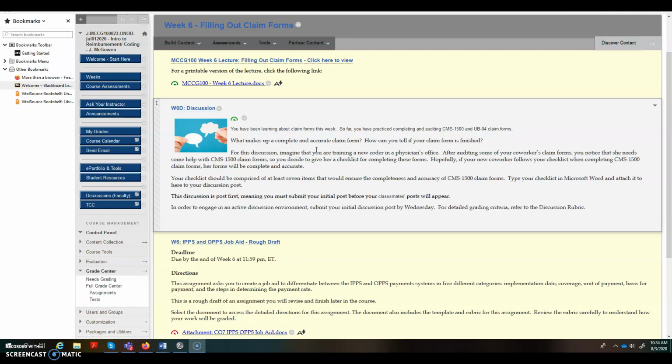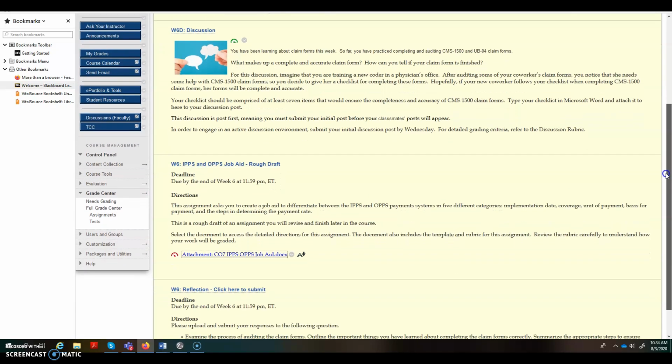So just what I suggested in the last course, is create a formal checklist, not necessarily something in paragraph form, but actually create a checklist of those required elements.